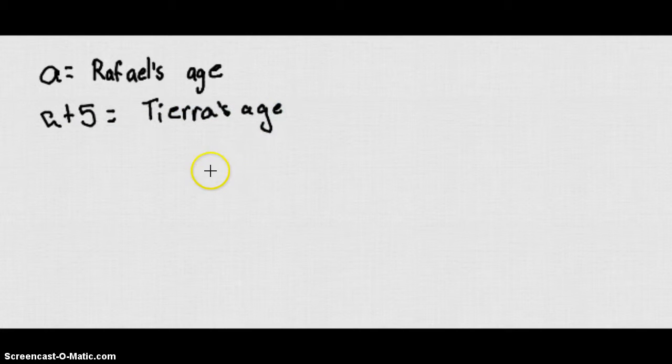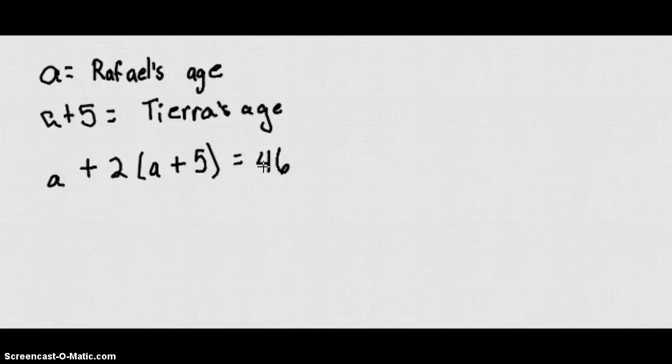And we know that A, or Raphael's age, plus 2 times A plus 5 equals 46. So what that's telling us is that Raphael's age and twice Tierra's age equals 46.